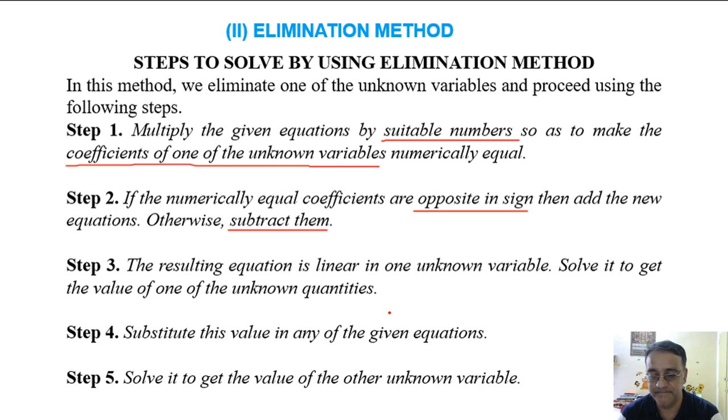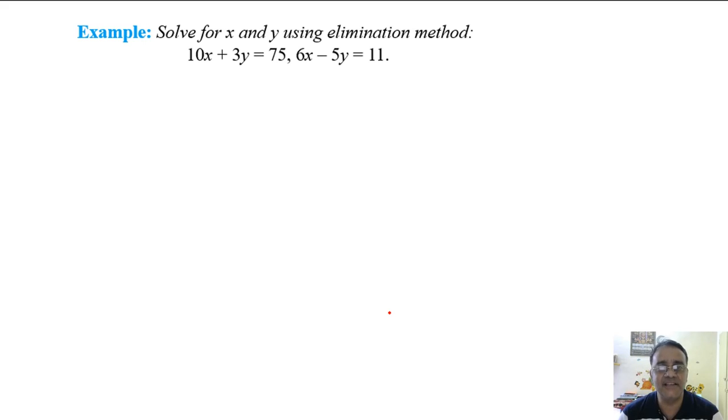Method is clear. I will explain with the help of example. So we'll take this example. 10x plus 3y is equals to 75. 6x minus 5y is equals to 11.